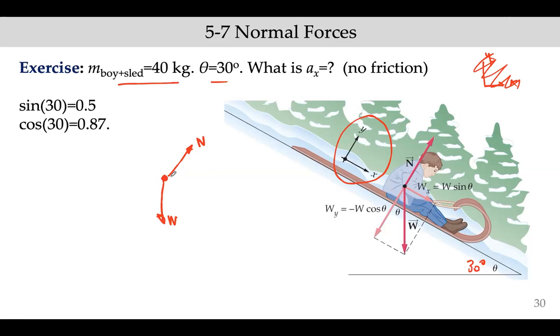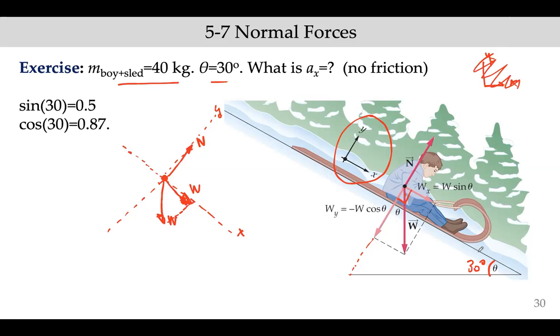So let me draw, this is the y axis, and this one is the x-axis. So you have to find the components of weight. Let's find the angle. If this angle is 30 degrees, now let's extend this. So this part is 90 degrees.